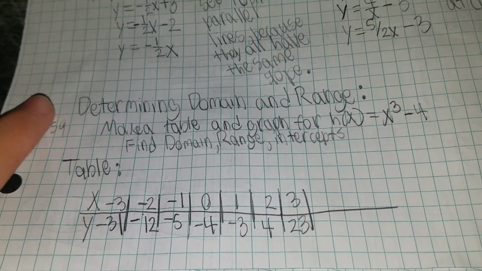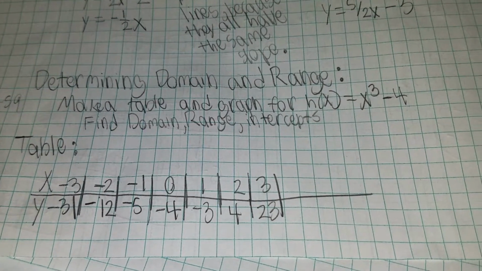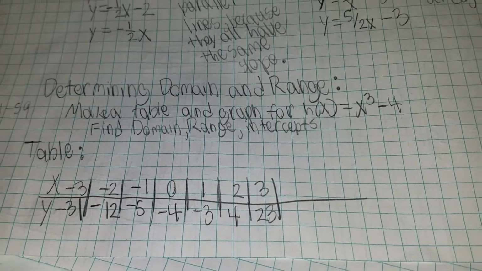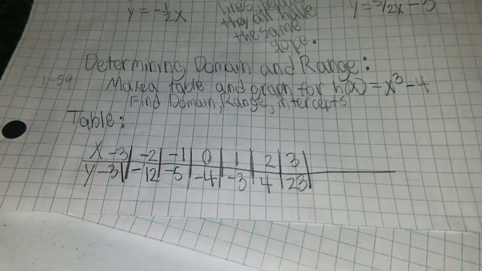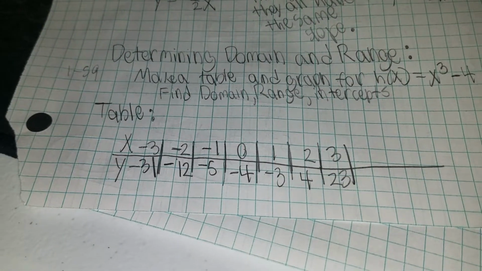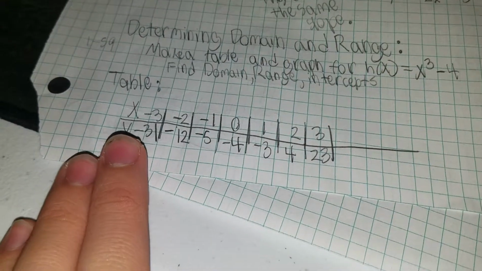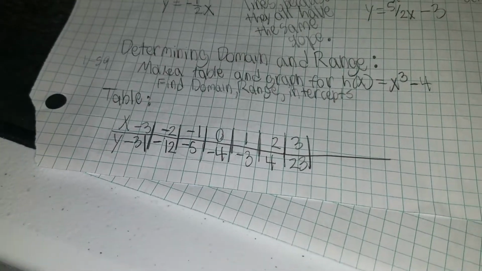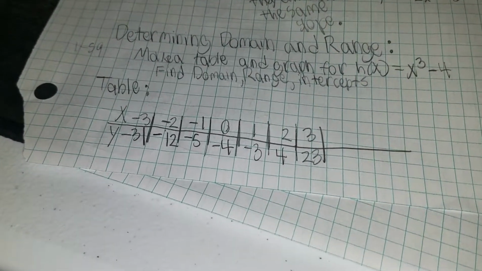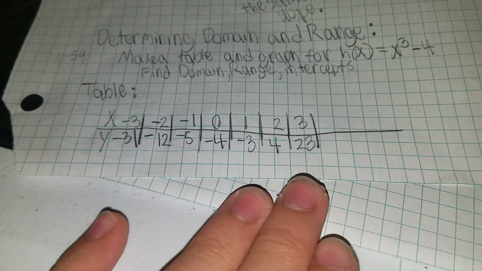This is question 159, where I have to make a table and a graph for h of x equals x cubed minus 4, and I have to find the domain and range and also the intercepts. So here's my table. I made it from negative 3 to positive 3, and basically I just plugged it into the equation and solved for each x value, finding the output, which is the y.